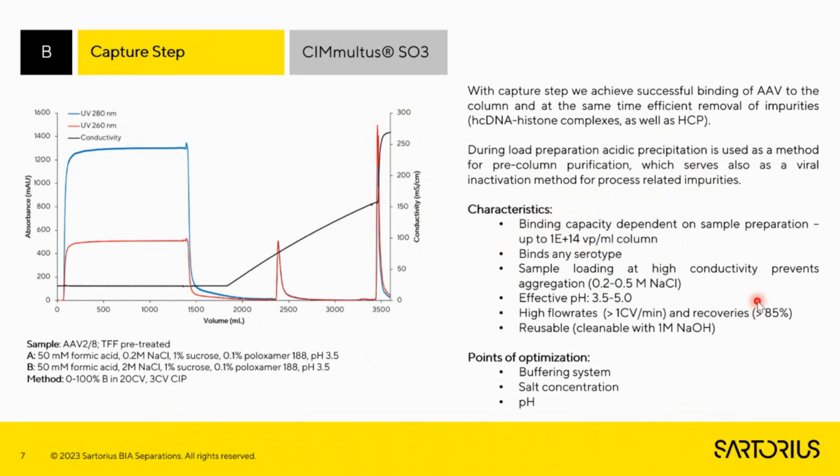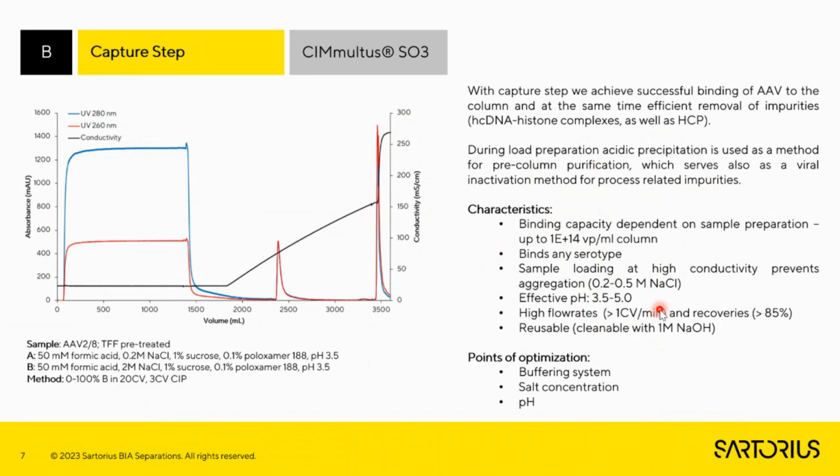Sample loading is also done at higher conductivities, which prevents, let's say, capsids that are more prone to aggregation, like AAV2. So we could load at elevated salts and also get then the better control over our AAV. Effective pH range is from 3.5 to 5. And as with all our monolith columns, the flow rates are usually 1 CV or higher, with recoveries about 85.